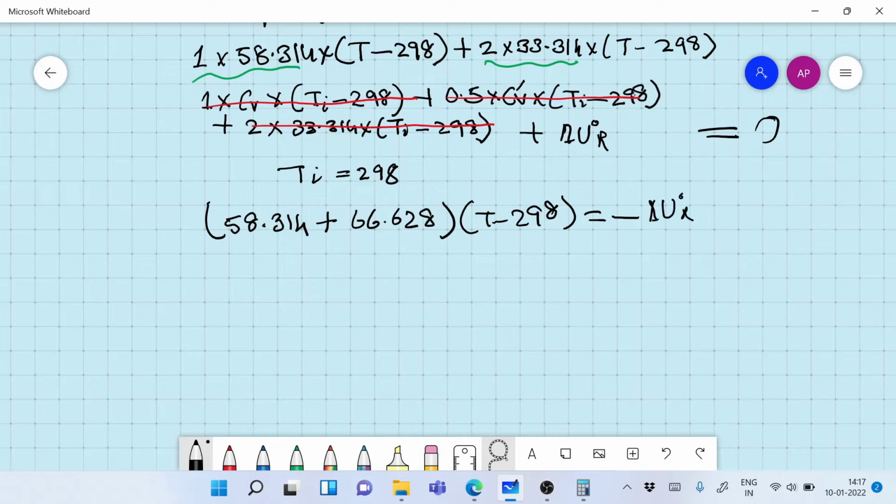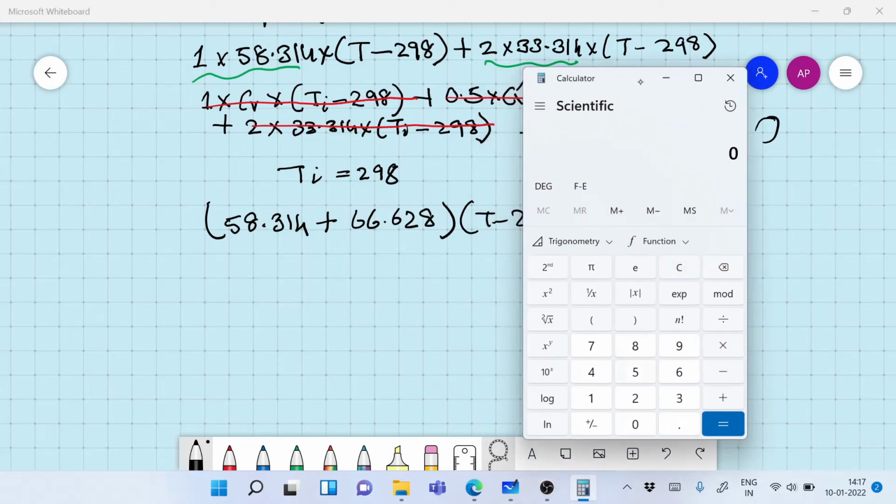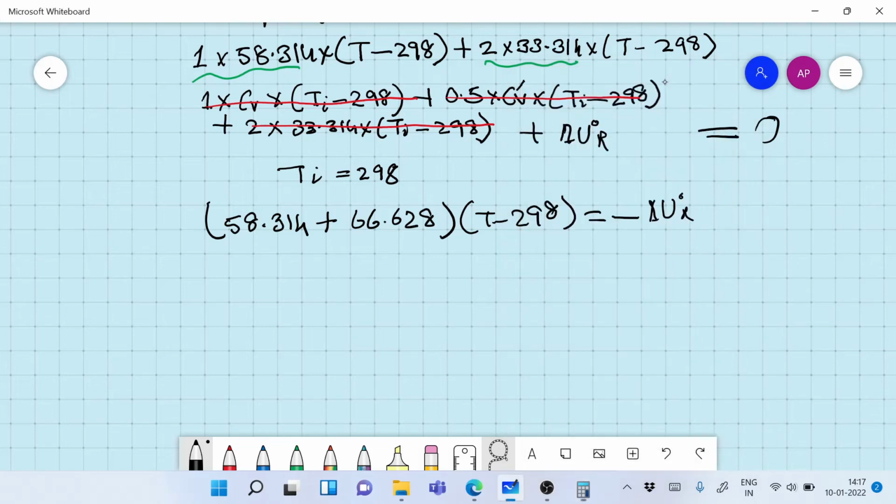So we finally solve this out, and what we have is 58.314 plus 66.628, that's 124.942.